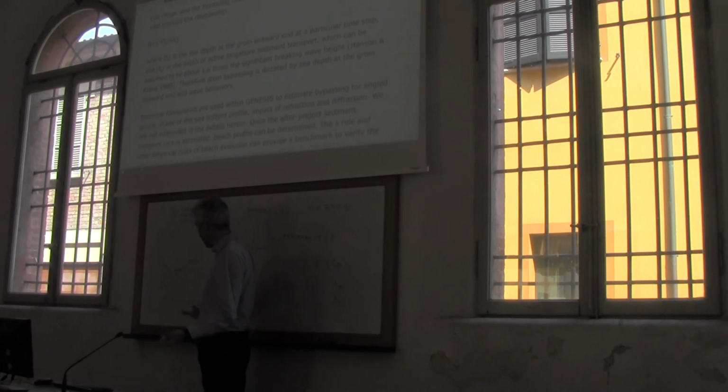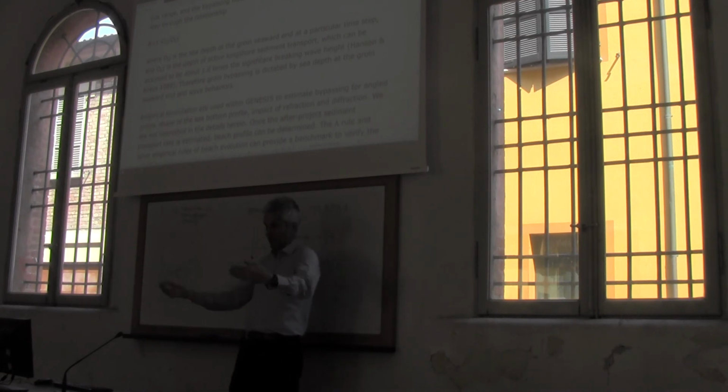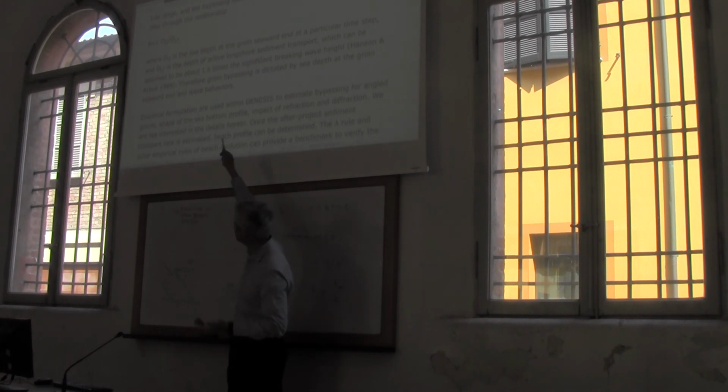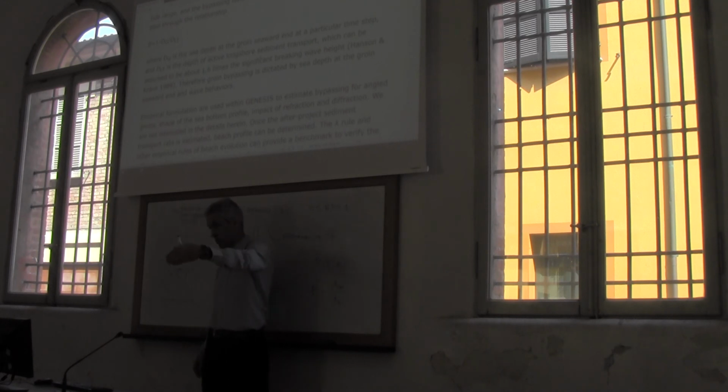It means that the groin is extended up to the end of the active beach, beyond the end of active along-shore sediment transport. And therefore, it's clear that if I extend the groin up to the end of the along-shore sediment transport, I don't have any more bypass. So this relationship up there means that if you have DG equal to DLT, bypass is 0, because the groin reaches the end of the active beach.